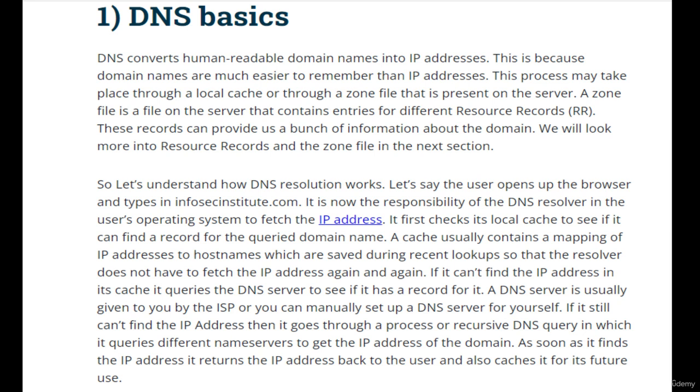If it can't find the IP address, then it goes through a process of recursive DNS query in which it queries different name servers to get the IP address of the domain. As soon as it finds the IP address, it returns the IP address back to the user and also caches it for its future use.